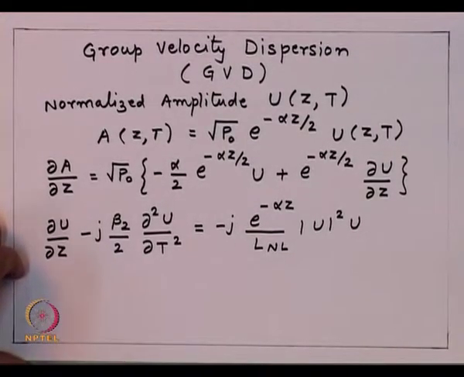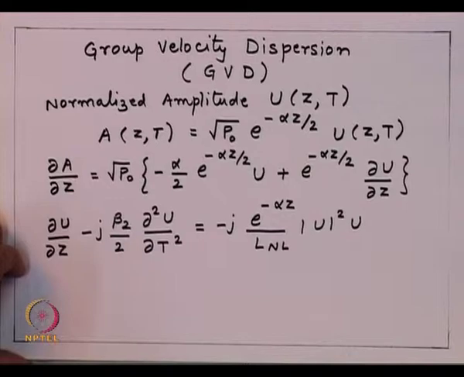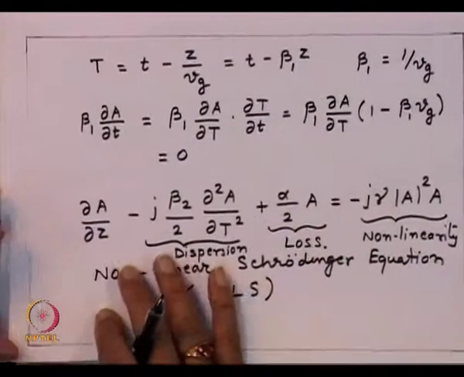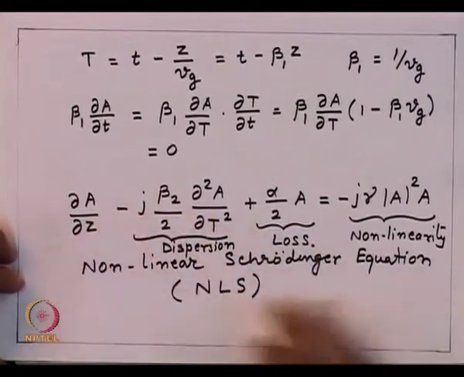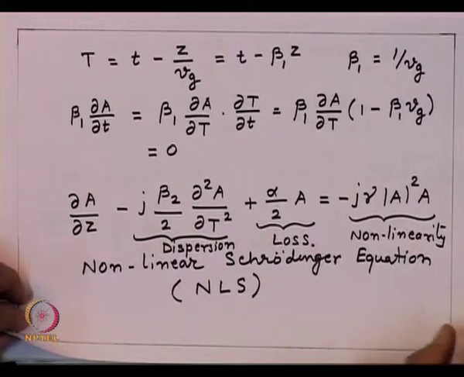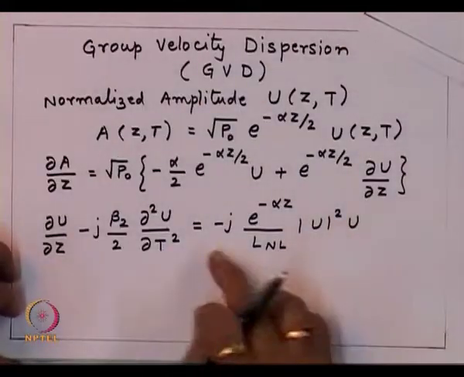So, what we have done is we have taken the nonlinear Schrodinger equation as we derived earlier and substituted for A in terms of u, and then we get this equation.